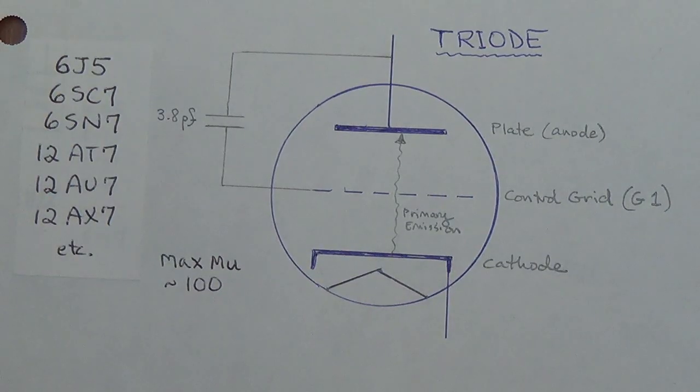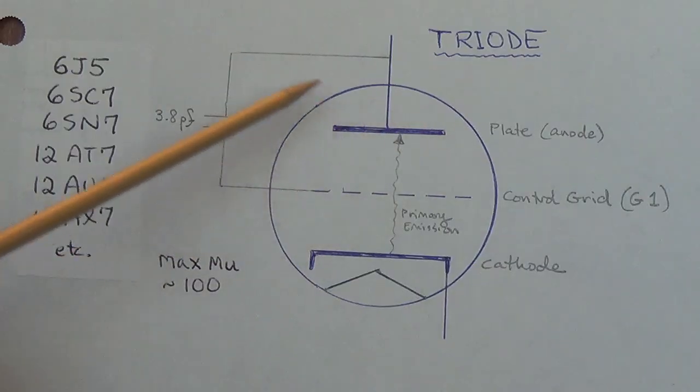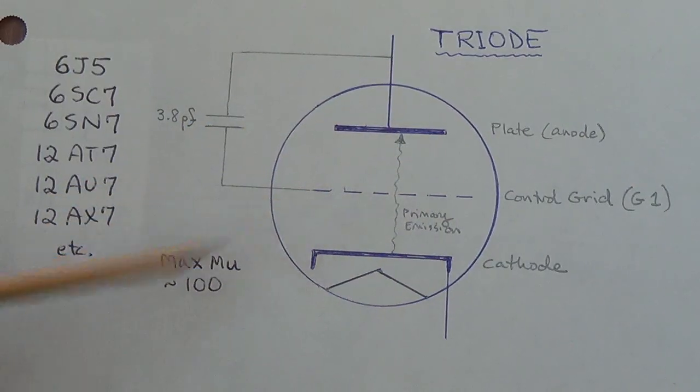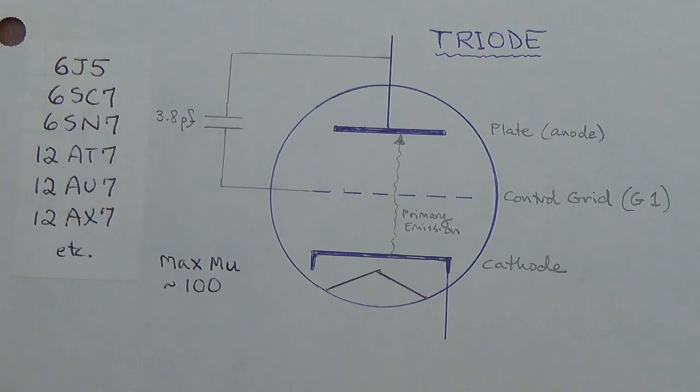Now, triodes come in two different forms. The first and oldest and simplest is a single triode within one tube. A good example of that is the 6J5, which we'll look at in just a second.